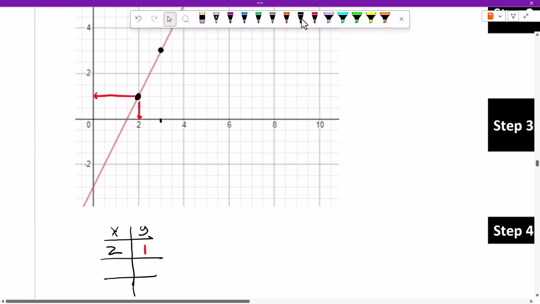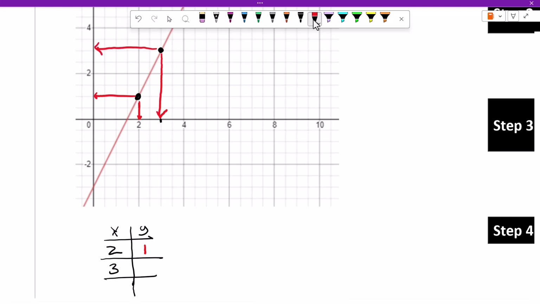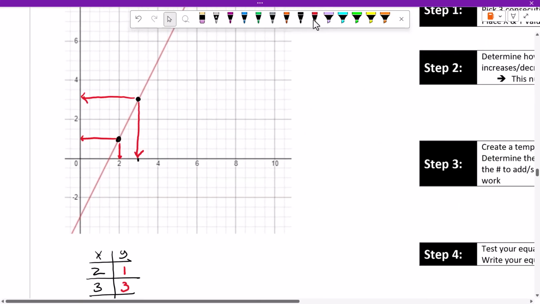And so my x value here is 3. What is my y value here? 3. Okay. I can do one more. We go to our line.